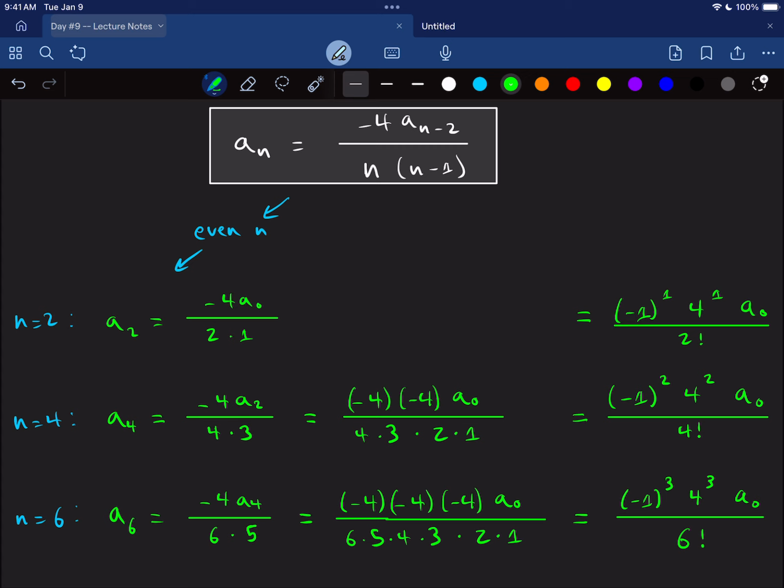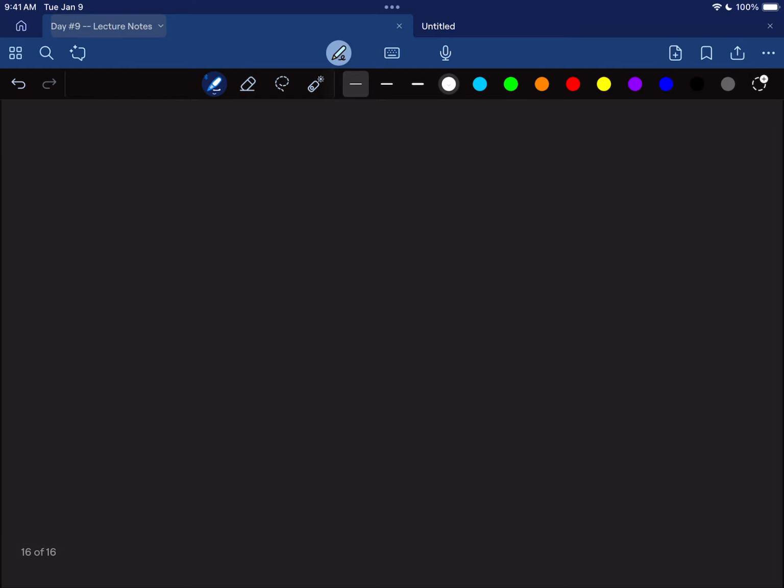This pattern right here, I can write this in terms of n, and then some fun stuff happens. So I'll switch back and forth between two slides, but I'll go ahead and just write this out first.